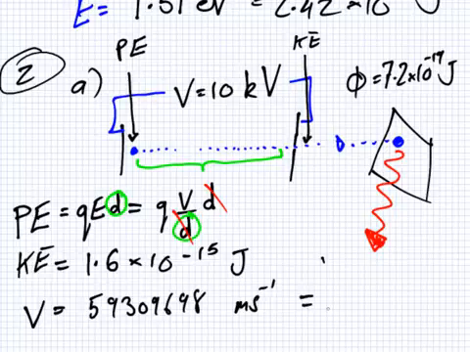Or if you want, that's 0.2 the speed of light, if you're wondering the size. But you don't need to do that if you just want to know how big it is. So it's going quite fast.